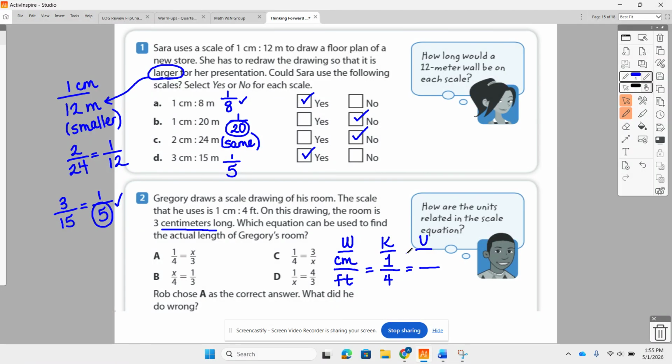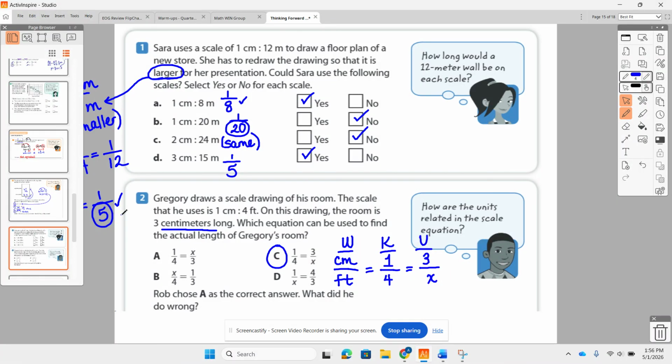So you have to remember that if you put centimeters on top, centimeters has to stay on top of your proportion. And there's our X. So do you see which one this automatically matches with? Okay, if you're thinking C, you are on the right track.